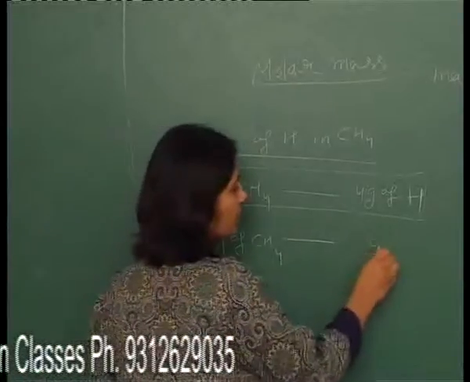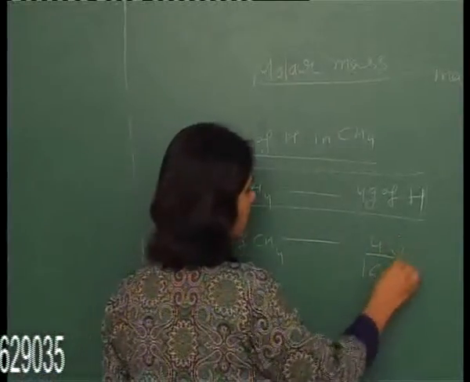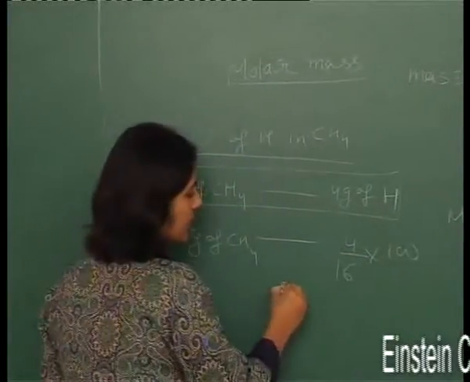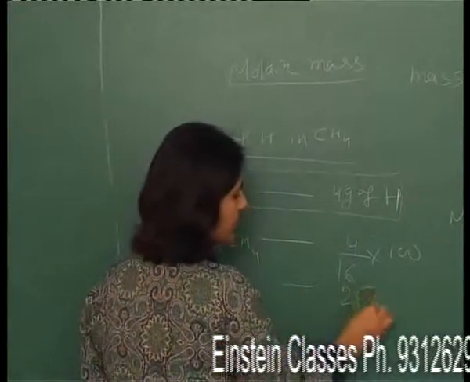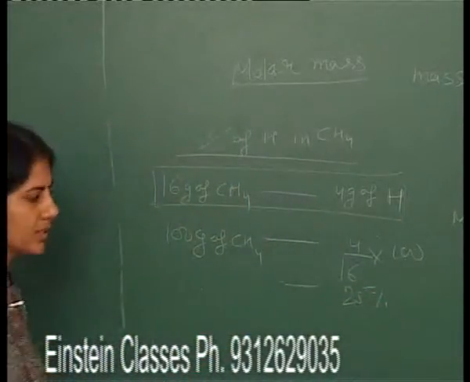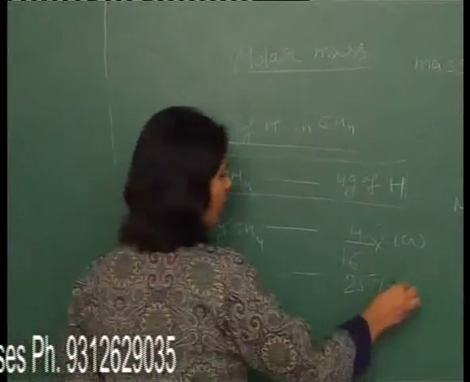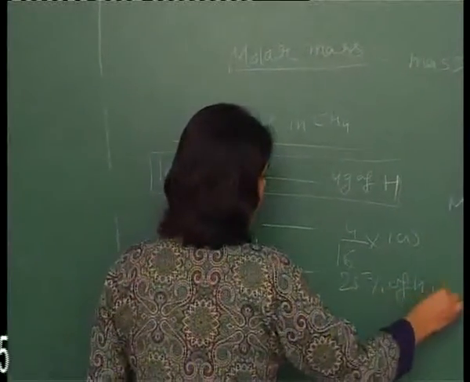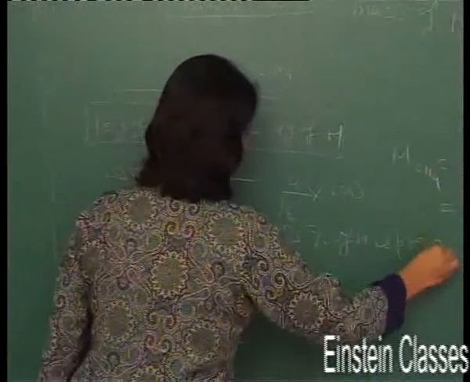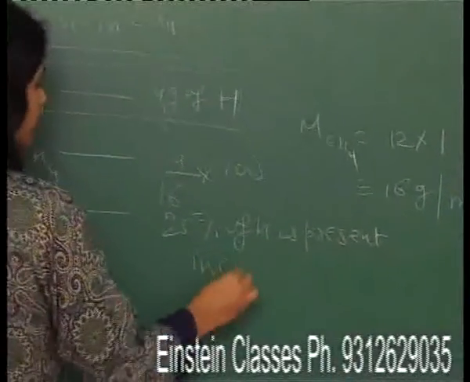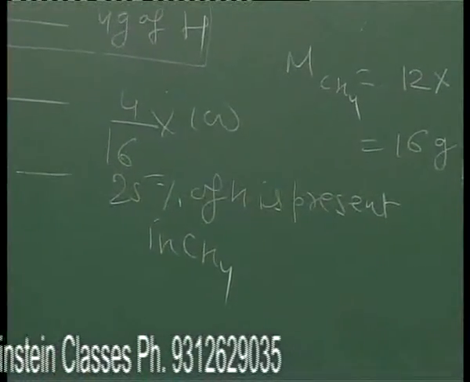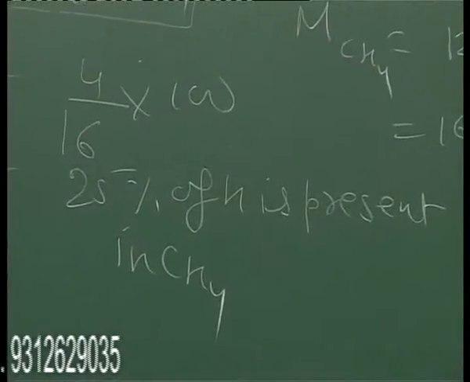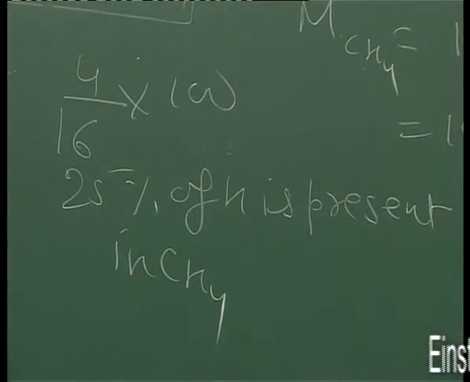So 100 gram of methane would contain 4 by 16 into 100, that is 25%. So there is 25% of H present in methane. That is basically the application of the molar mass.